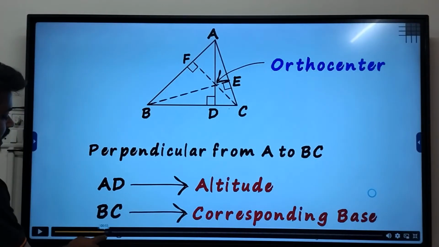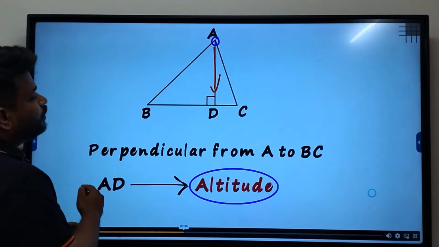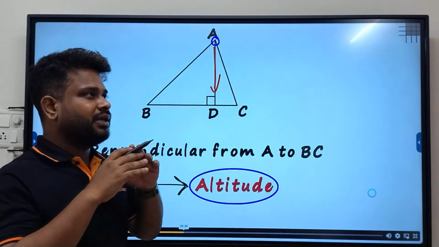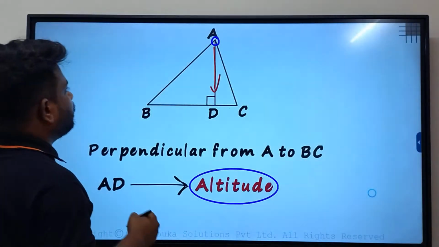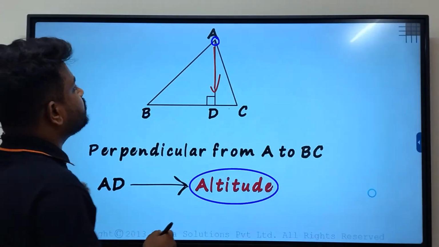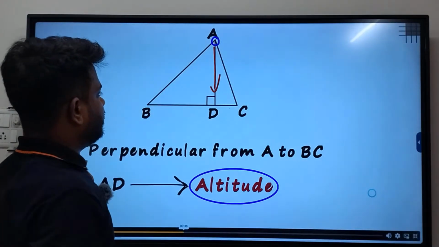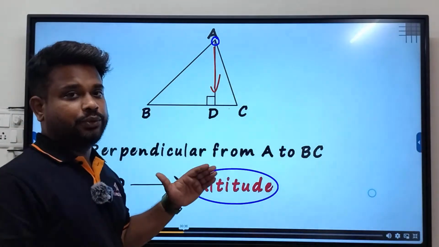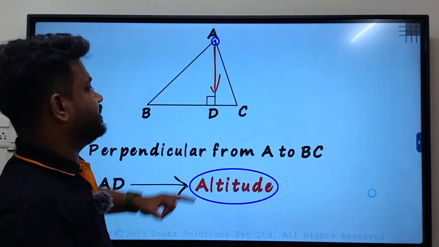Okay, so what we have learned from this: talking about medians, this may clear up a little of your doubt, that we have to draw medians from a vertex to the midpoint of the opposite side. But talking about altitudes, we have to draw a perpendicular. So a perpendicular will be drawn like this.